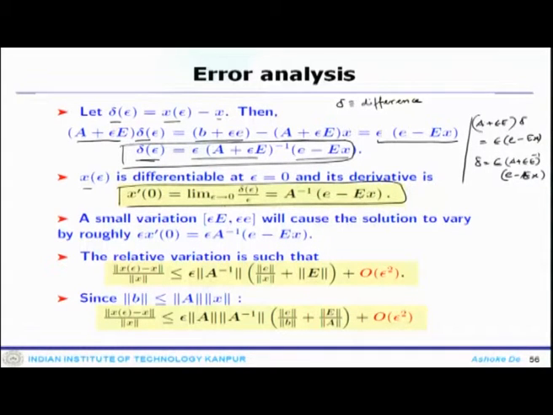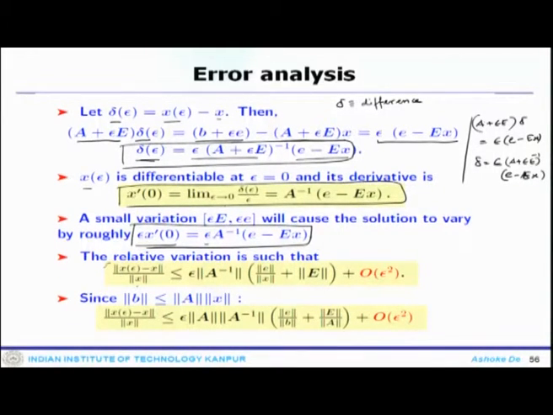So, a small variation will cause the solution to vary roughly by epsilon times x prime 0, which is nothing but epsilon A inverse (e minus E x). One can estimate by a small perturbation to the system how much your final solution will vary. The relative variation must be such that the magnitude of x epsilon minus x, divided by the magnitude of the original solution x.